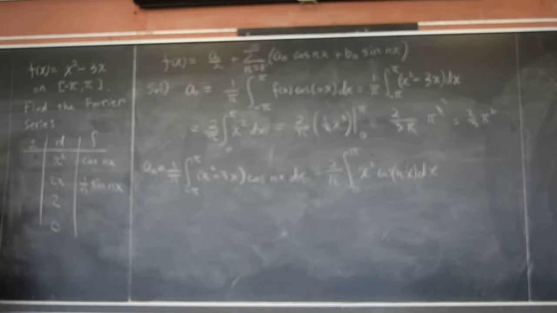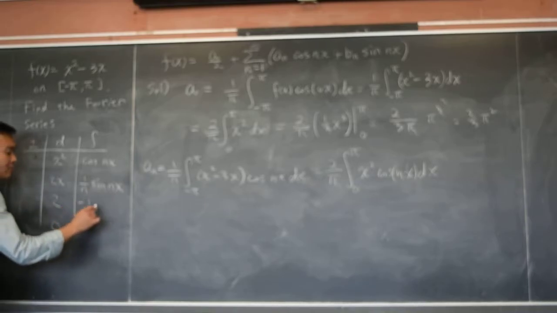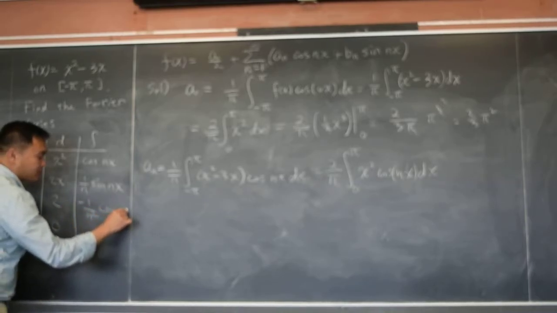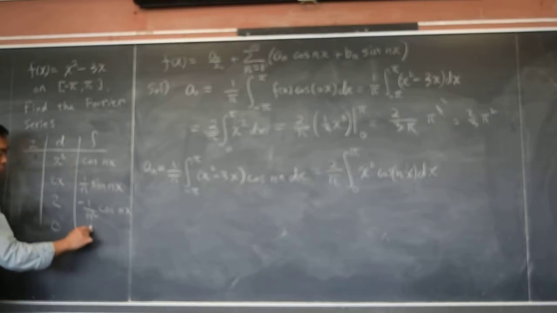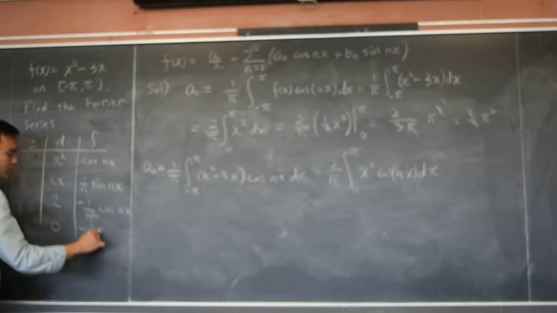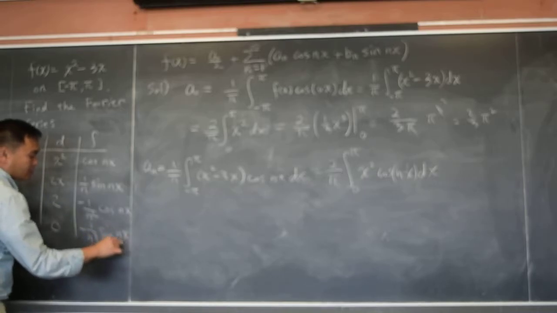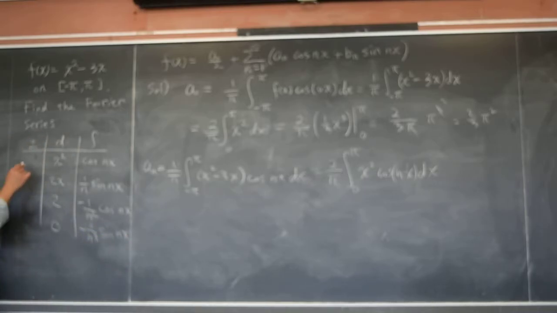If you integrate this again, what would you get? Every time you integrate, this n will create 1 over n, right? So you're going to get 1 over n squared next time. But what's the integral of sine? It's negative cosine, right? And then integrate one more time, you get negative 1 over n cubed sine nx. And then the sign alternates.